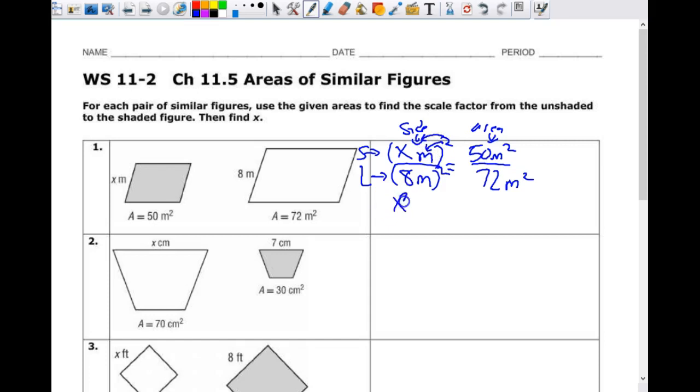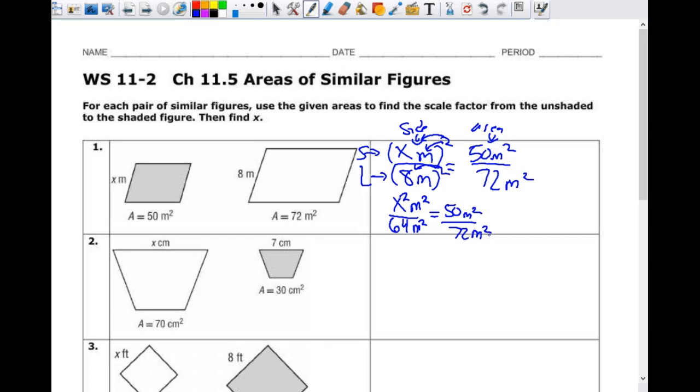X squared, and then meters squared over, square of 8 is 64, and then square of m is meter squared, is equal to 50 meters squared over 72 meters squared. You squared one number. Okay, so now all our units are lined up, so we can actually solve this.